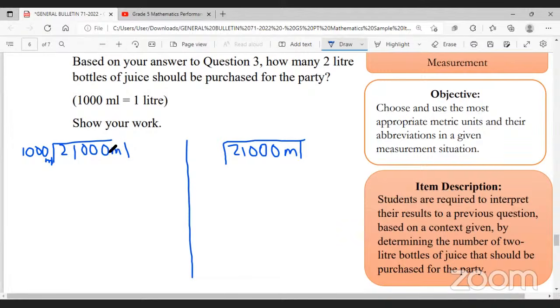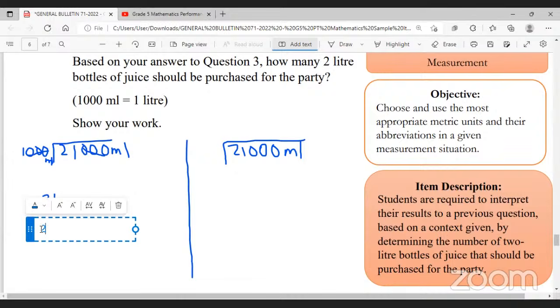And 1,000 into 21,000, we can just cross off the zeros here. 1 into 21, 21. So we'll have 21 1 liter bottles. For everything, we must write our description: 21 1 liter bottles, just to keep our focus and monitor where we are.